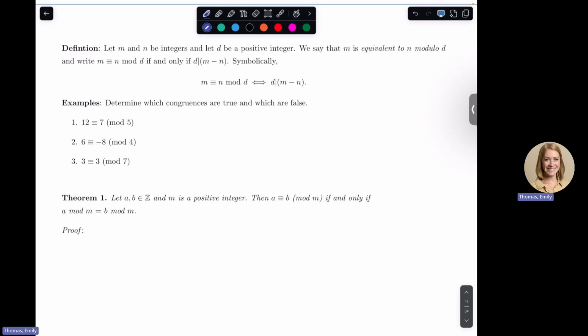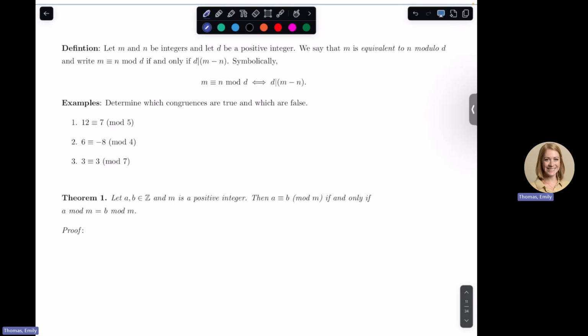If N is the remainder mod D, then M minus N would make that number divisible by D because you're taking off the remainder. Does that make sense?